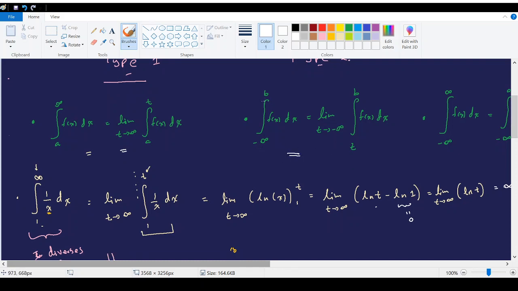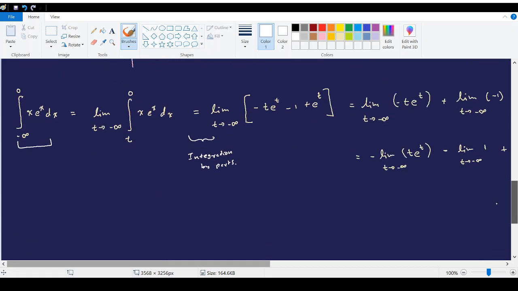Here we have negative infinity replaced by t, and the original upper limit goes here. So we should apply the same thing in this case, right? To compute this integral, we will need integration by parts. And from that you can obtain this as the answer for our definite integral.